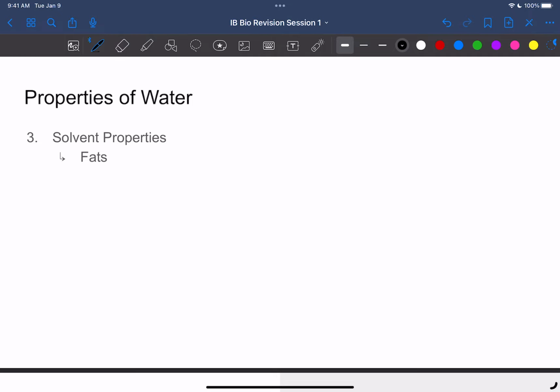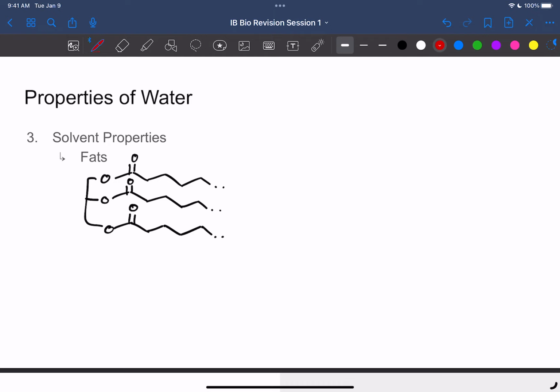And let's just draw a triglyceride here. If we have something like this, this does have oxygen, but it doesn't have those hydrogens. And this means that water doesn't interact as well with these. And this has way more hydrocarbons than oxygens.